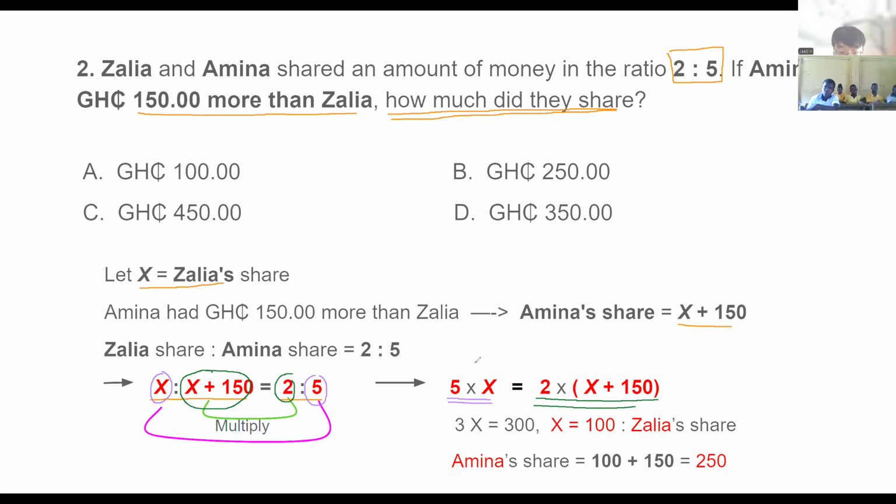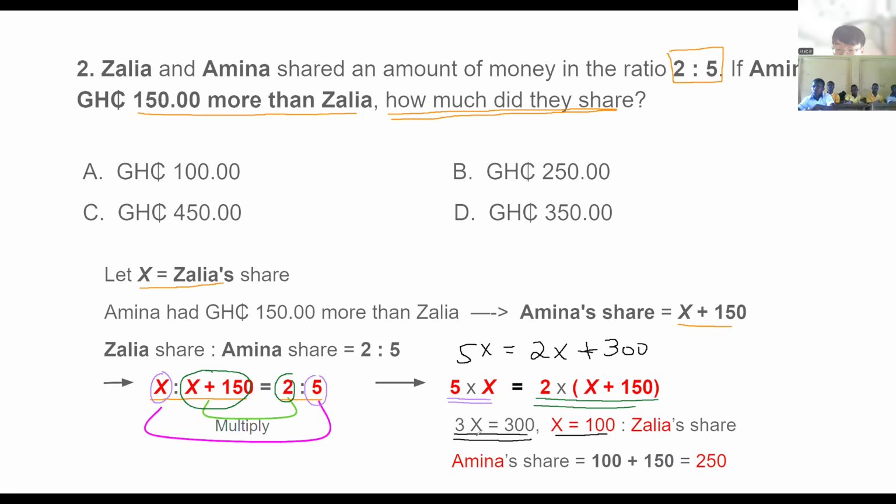And we know that this is 5x. 5x is equal to 2x plus 300, right? We subtract 2x from both sides, and we get 3x is equal to 300. So x is equal to 100.